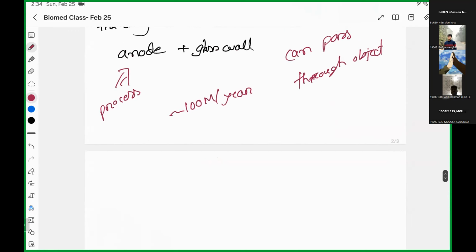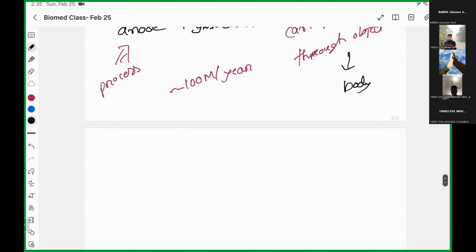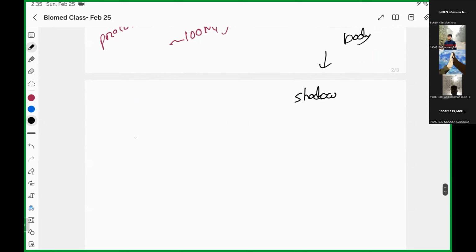Now, this idea that something can pass through an object also created the question: can it pass through the human body, or a biological medium? They found that yes, it can also pass through the human body. So when it can pass through the human body, it has some potential. If you look at it, it's like a shadow.